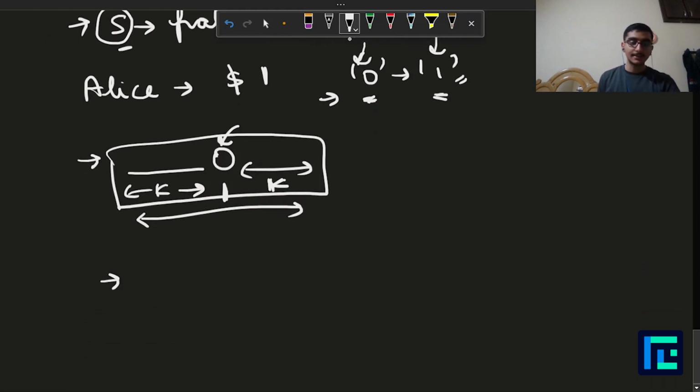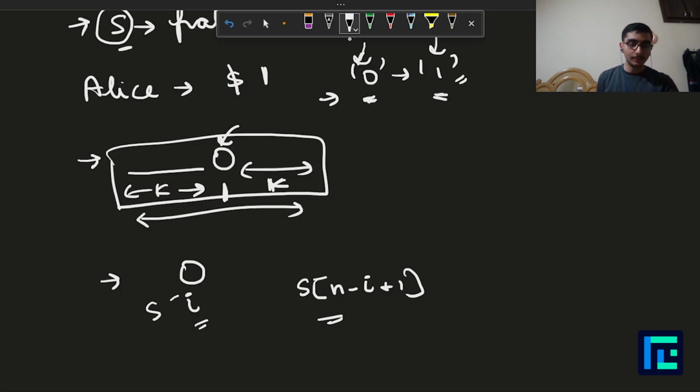Why? Because let's say you convert some 0 which is not in the middle, a 0 present at some index i which is not the middle index. Then at index s of n minus i plus 1, because in a palindrome s of i and s of n minus i plus 1 are always equal, if s of i was 0, then s of n minus i plus 1 would also be 0.